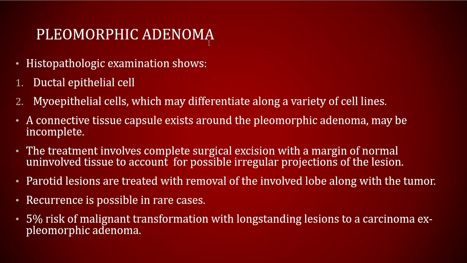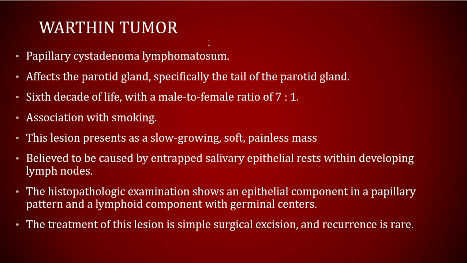Sometimes it's incomplete, which makes a higher risk for seeding of the tumor. The treatment involves complete surgical excision, superficial parotidectomy. 5% risk of malignant transformation into carcinoma ex pleomorphic adenoma.